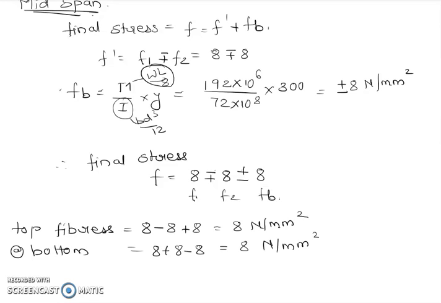So it has been reduced to 8 Newton per mm square from 16. So here we can conclude that if you just change the position of the tendon, or provide it at some eccentricity e, then the stresses in the concrete get reduced. Okay.